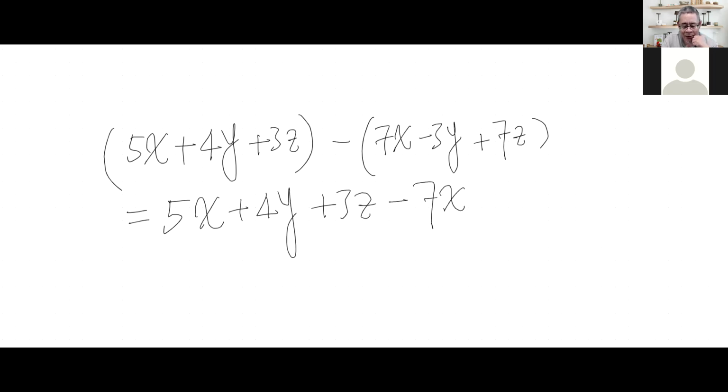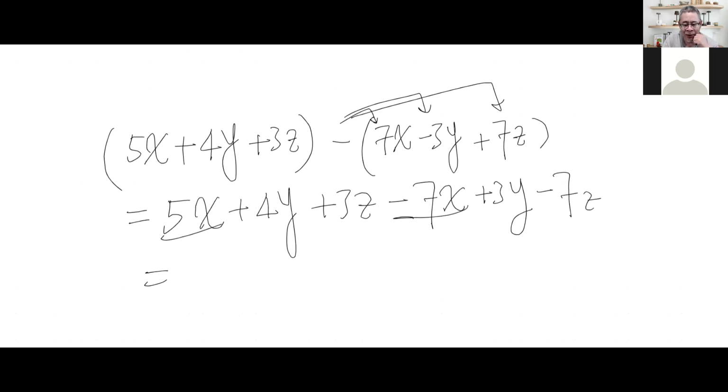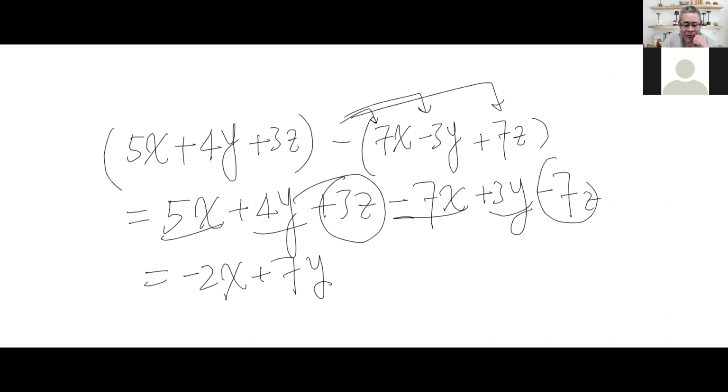On here, we got plus 3y, then on here, we got minus 7z. Then we're going to look at 5x and negative 7x is negative 2x. You get that right. 3y plus 4y, that's 7y. Then 3z minus 7z, which is like 3 minus 7, that's minus 4z.